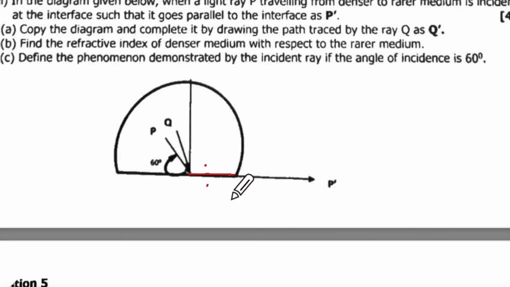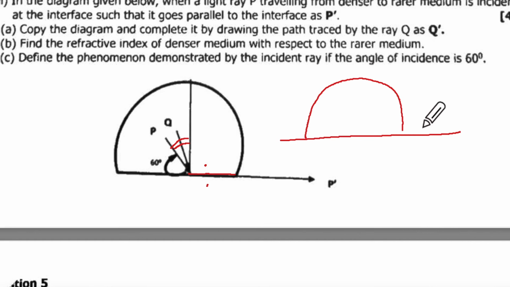Copy the diagram, complete the drawing traced by ray Q. P goes as P dash. Okay, so which is the angle of incidence here? You have 30 degrees like this. And this is 60 degrees.